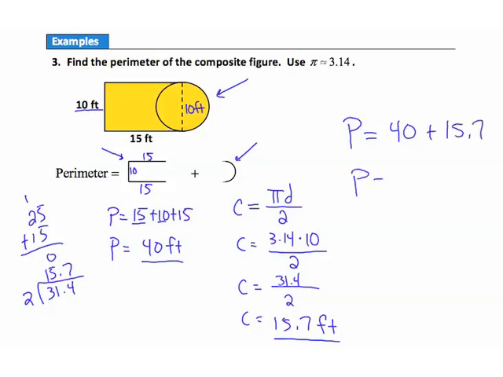And when we add 40 plus 15.7, there's the decimal in 40. So we're going to get 55.7, and we were working in feet, so we'd say 55.7 feet for the perimeter of this composite figure.